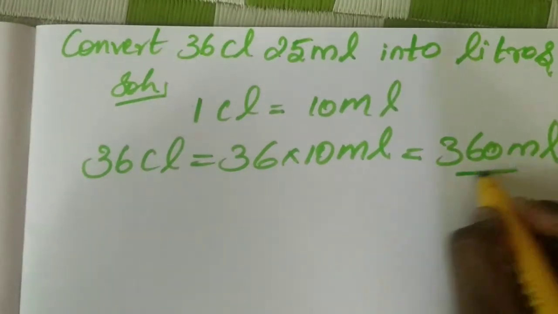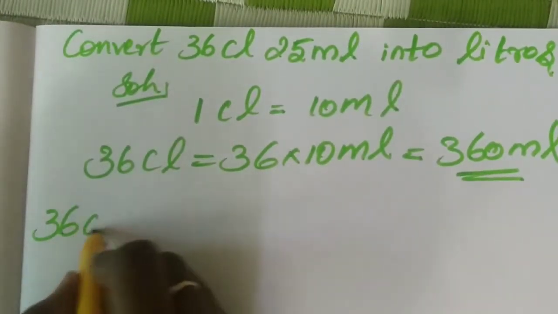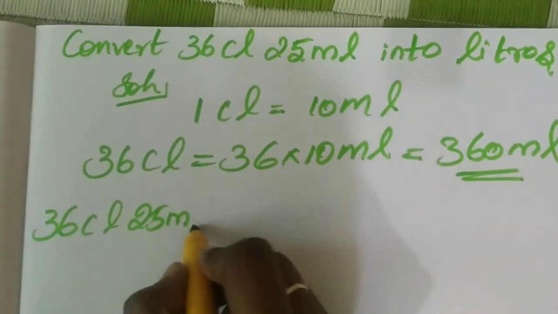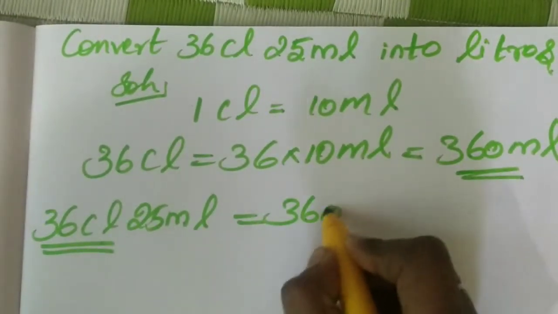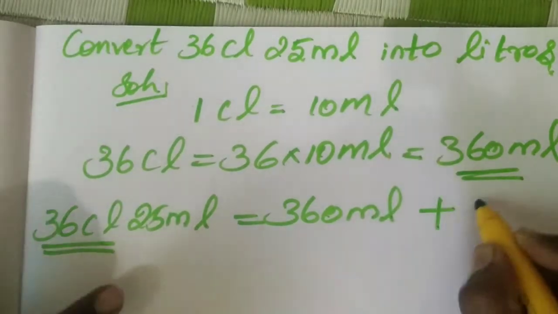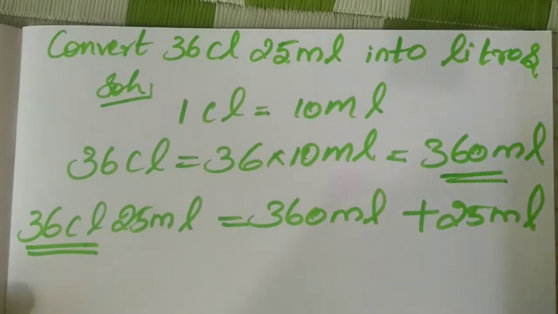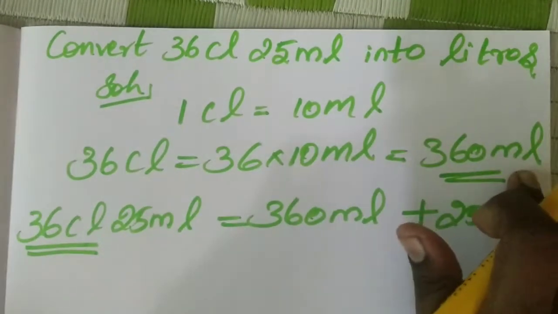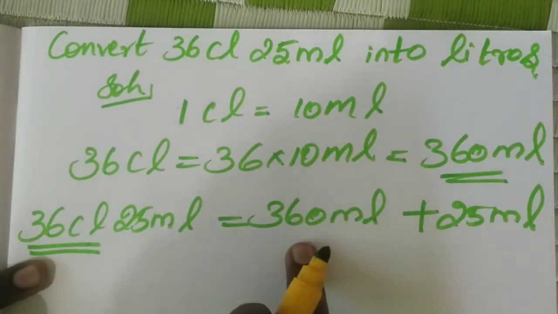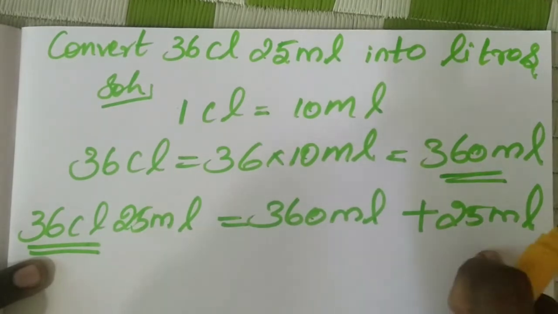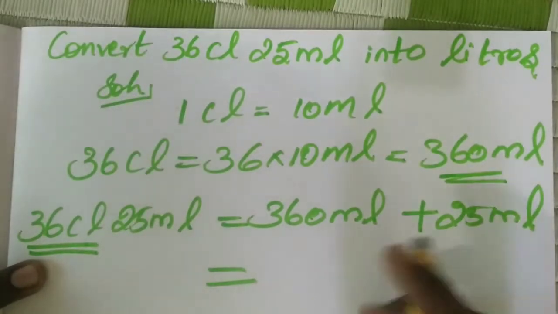Now write the full question: 36 centiliter 25 milliliter is equal to 360 milliliter plus this 25 milliliter. First we convert the centiliter to milliliter, then add 360 plus 25.